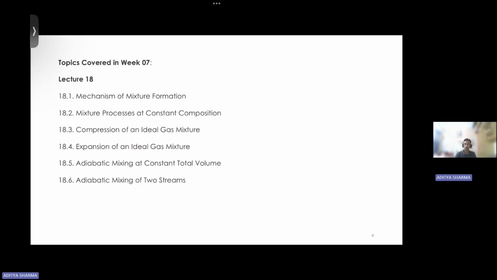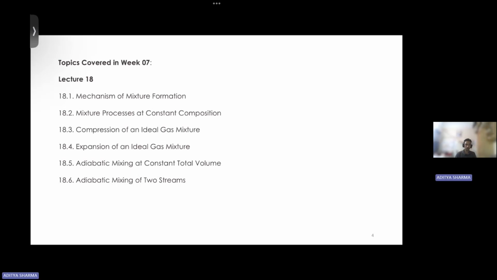So entropy production we saw in the discussions of week 2 and week 3 lectures. Okay, so there we saw how irreversibility contributes to entropy production. In the entropy balance also for a closed system and for a control volume, this entropy production was there in the picture.